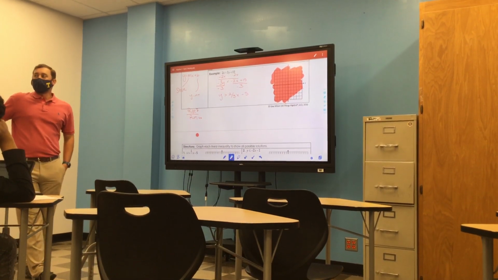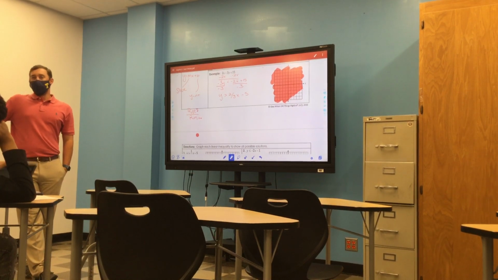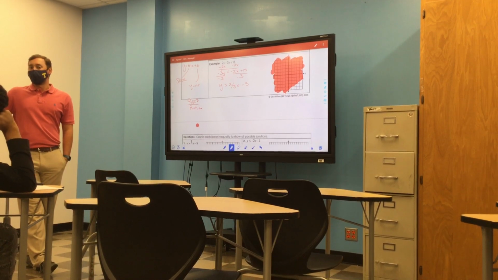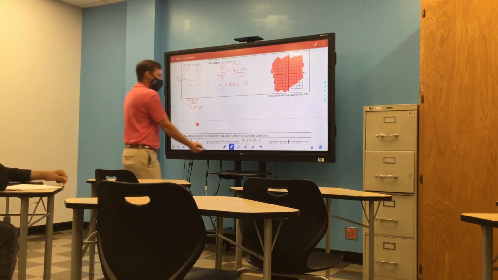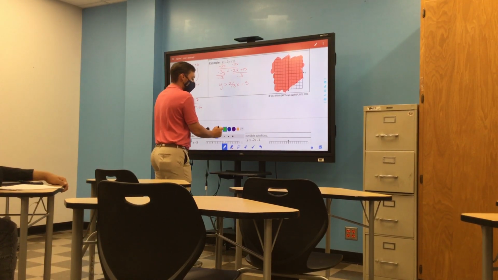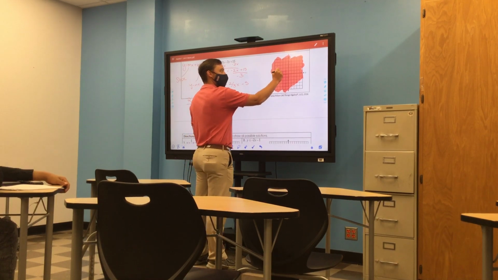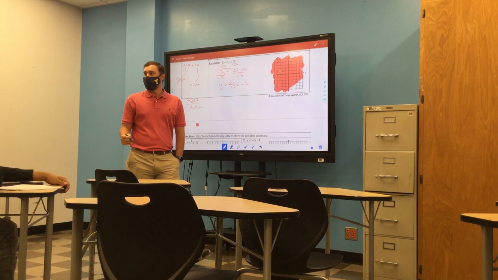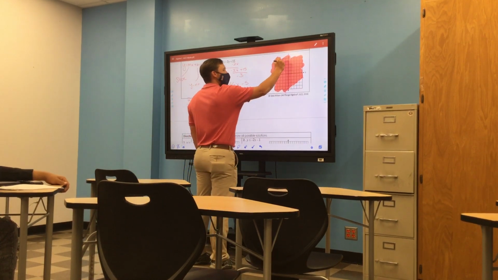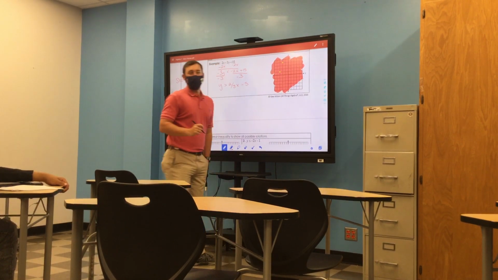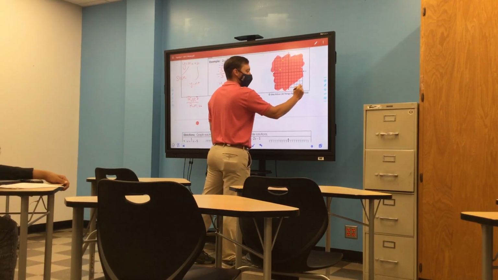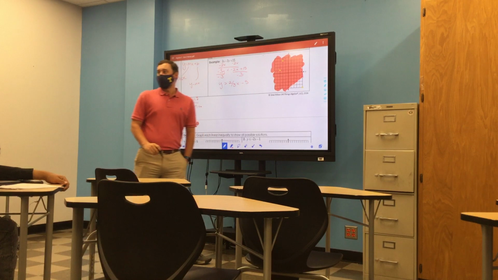What the shading means is that anything inside of that shaded region would be a solution to your inequality. So this point, let me change the color here. This point right here, is this a solution? Yes, right, it's in my shaded region. I've got a point here. Is that a solution? Yes, right? What if I put a point right here? Is that a solution? No, right?